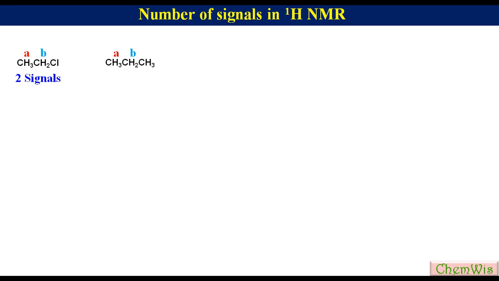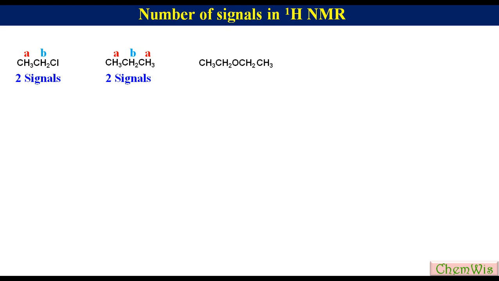Both the CH3 are attached to the CH2, so both are the same. So, this can also be labeled as A. Thus, there are 2 sets of protons in the propane and it will show 2 signals in the proton NMR.